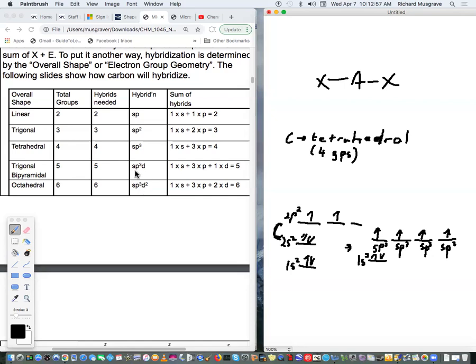So the overall shape will always dictate the hybridization. You're always going to have as many orbitals in the hybrid as we have total groups. I'll say that again. There are as many orbitals in the hybrid as there are total groups.